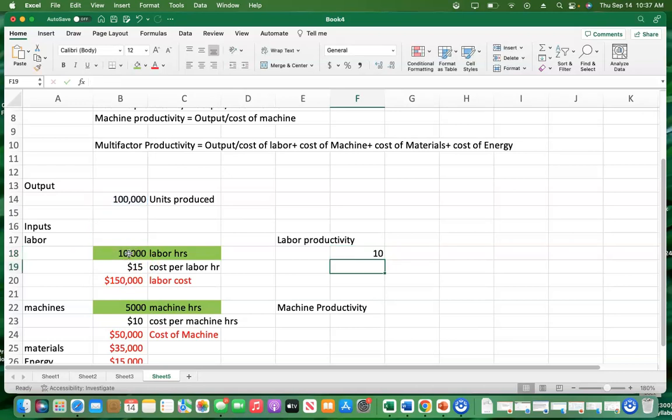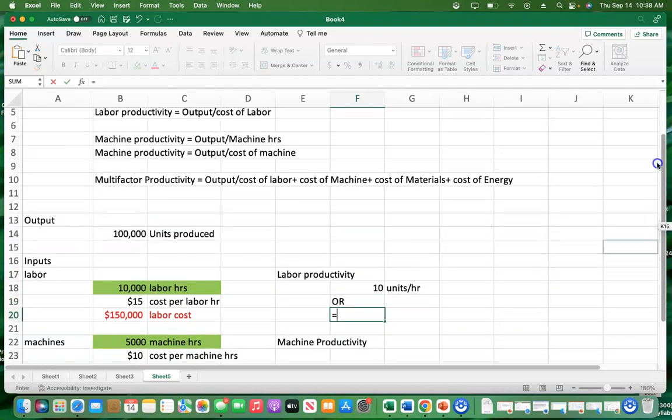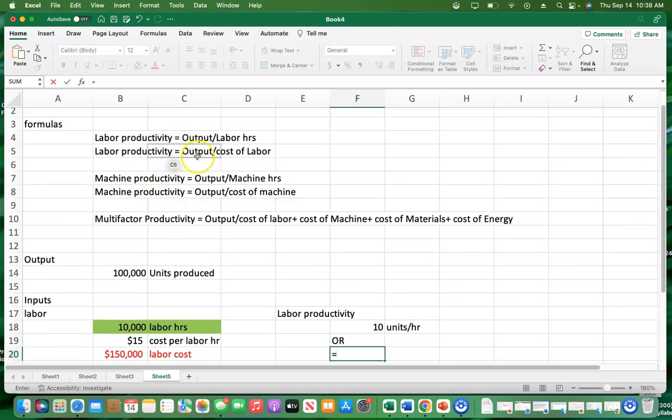And so all we're going to do is take the output, divide by the labor hours, this one here, and we will get 10. So we can say units per hour spent on labor, or the hours that labor was spent in the production. But also we can consider the cost of labor. So I'm going to write or, and in this case I'm going to use the second formula for labor productivity, which is output per cost of labor.